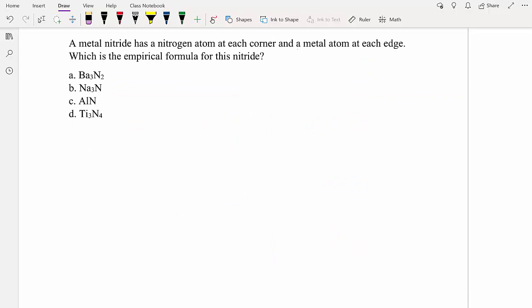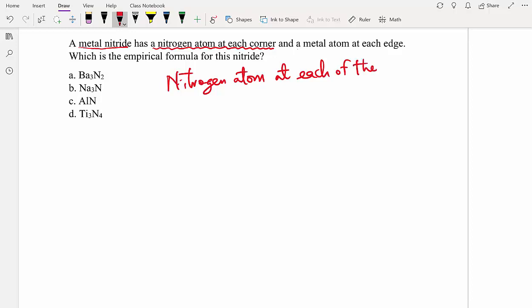Let us work on this example together. A metal nitride has a nitrogen atom at each corner of a unit cell. Let us try to calculate that. Nitrogen atom at each of the 8 corners in a unit cell.